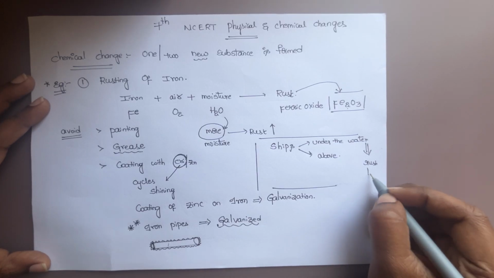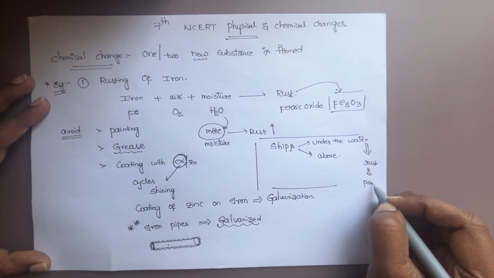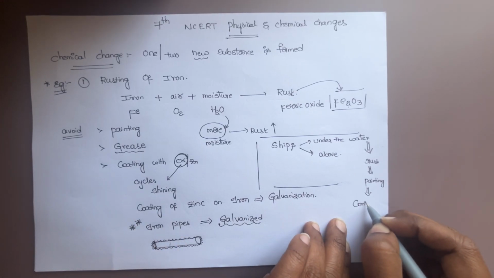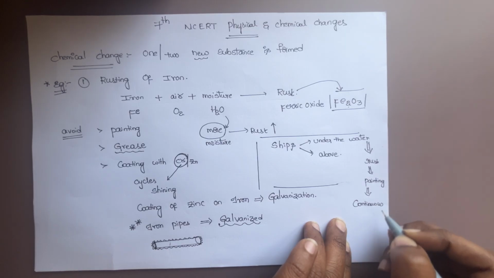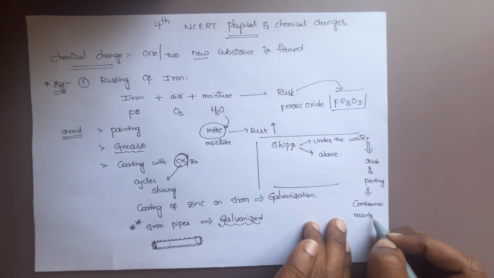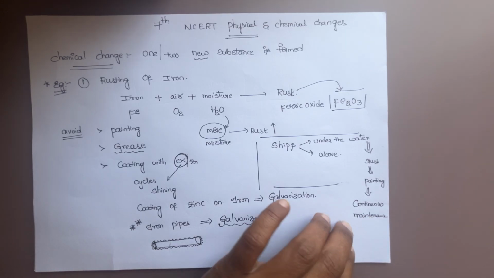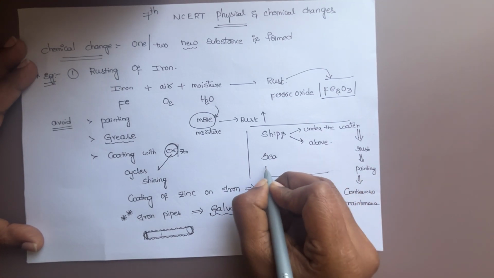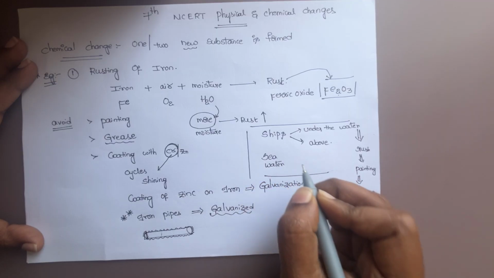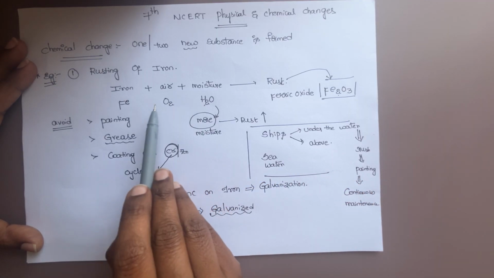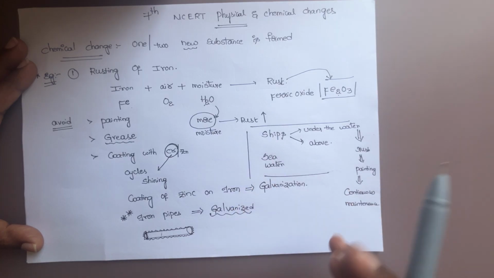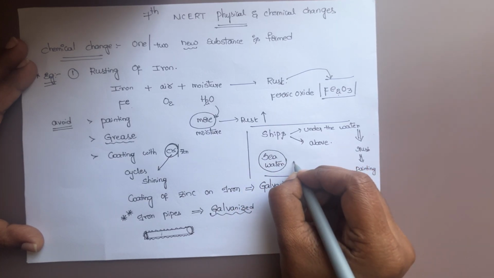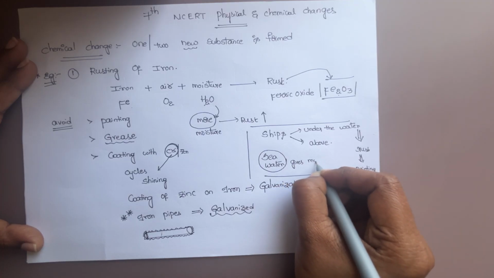To avoid this, painting takes place, but continuous maintenance is required. Seawater is also water. Wherever water is there, it encourages the iron to form rust. Seawater gives more corrosion.